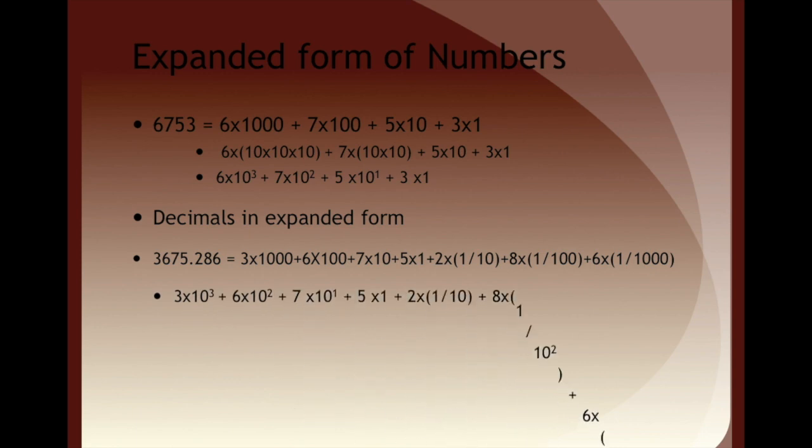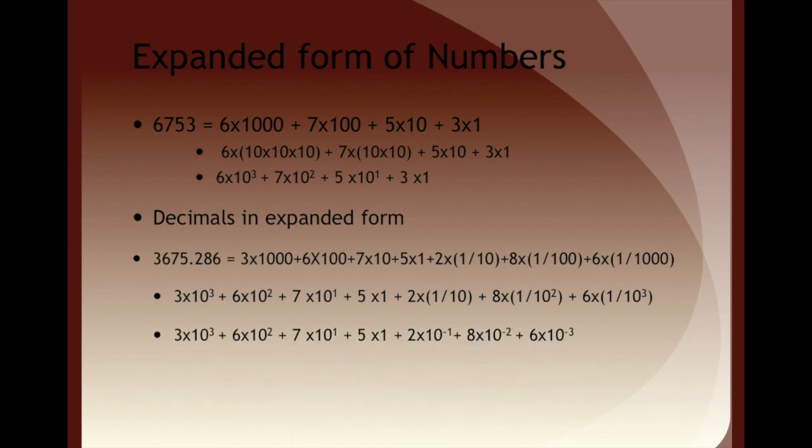So we can represent this in powers of ten as we have done in the earlier example. So it becomes 3 into 10 raised to power 3, 6 into 10 raised to power 2, 7 into 10 raised to power 1, 5 into 1, plus 2 into 1 by 10, 8 into 1 by 10 raised to power 2, and 6 into 1 by 10 raised to power 3.